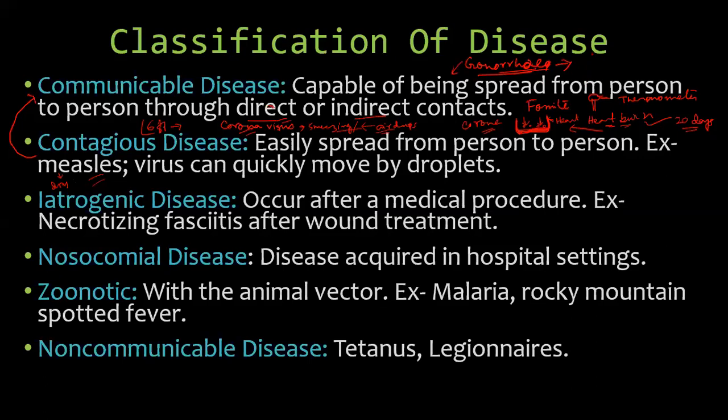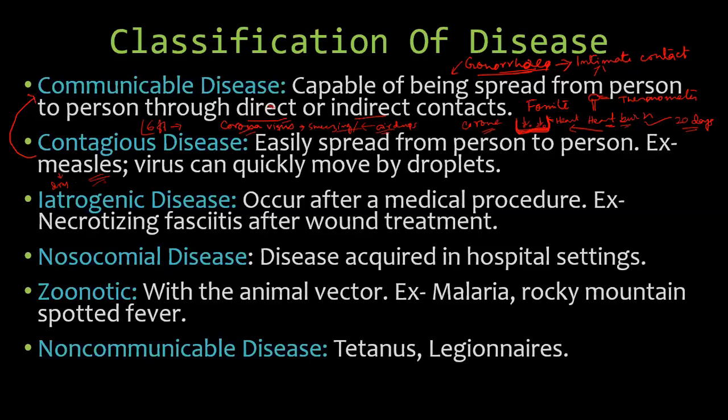If you have very intimate contact with that person, you can get that. So in that case, it is actually a communicable disease, but it is not contagious. If you are living with that person within the same room, you are not going to get that unless you have intimate contact. So this is communicable but not contagious.